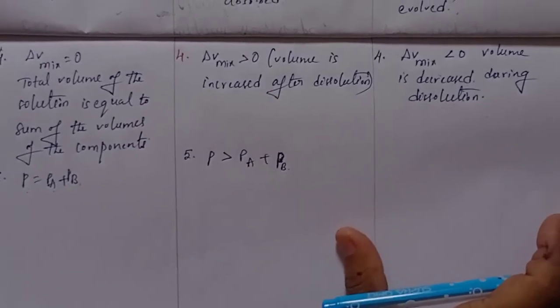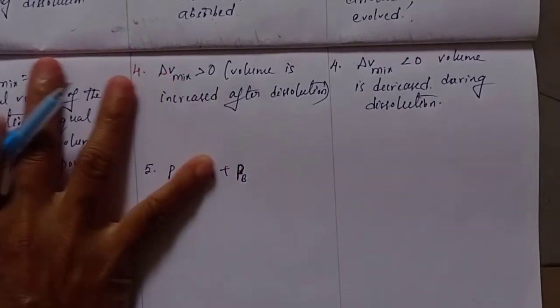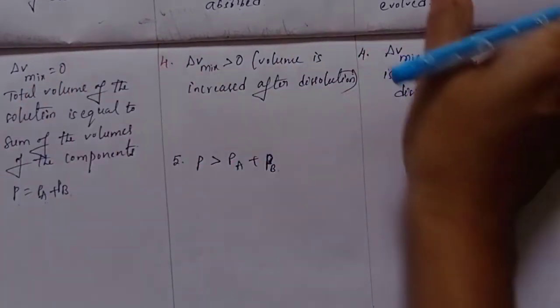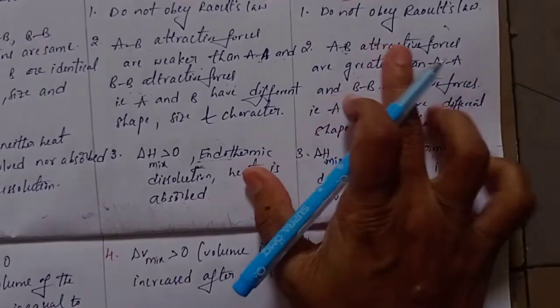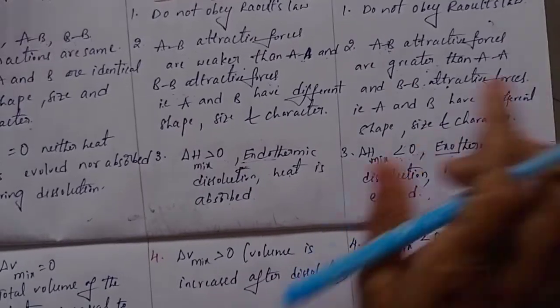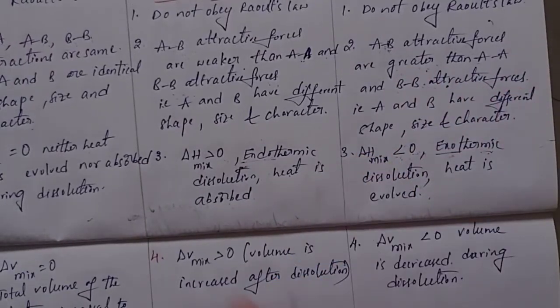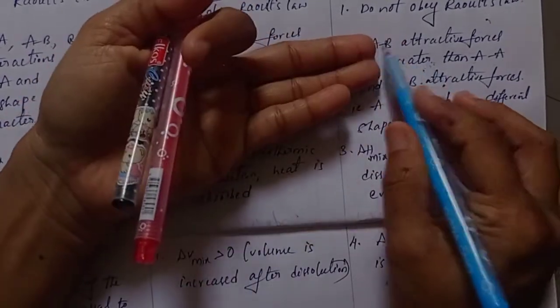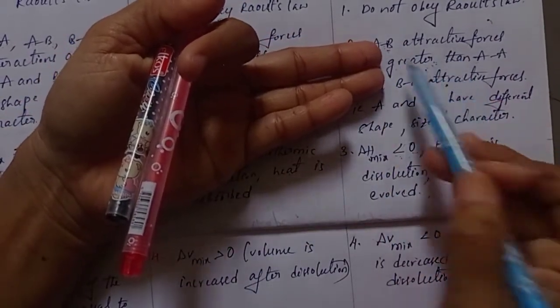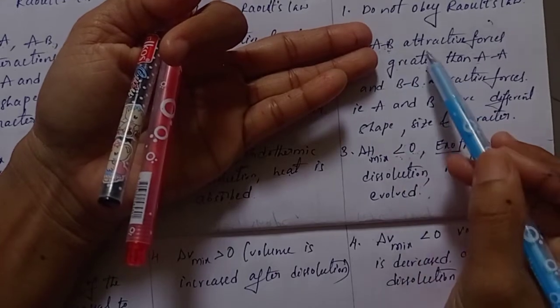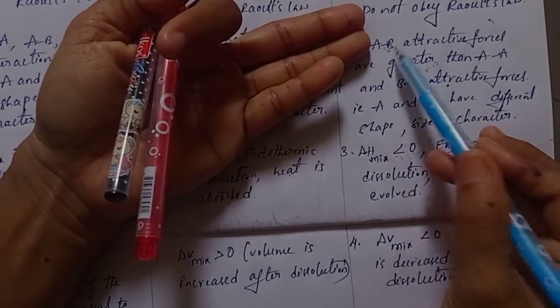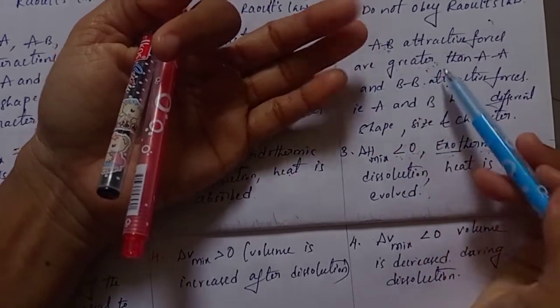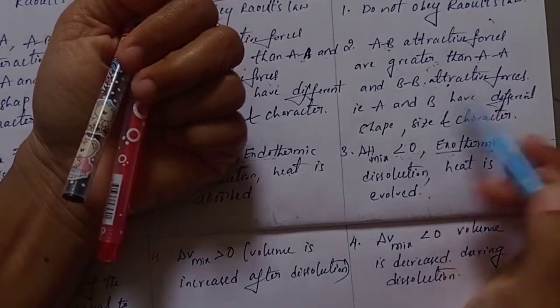But in the case of negative deviation, AB attractive forces are greater than AA and BB attractive forces. So those components cannot easily evaporate. That's why the pressure of the solution is always smaller than the partial pressures of the individual components, students.